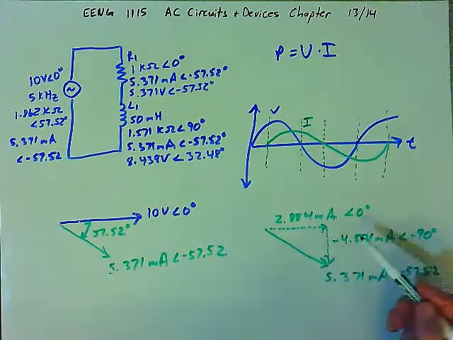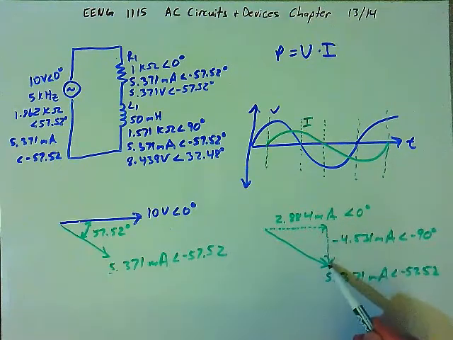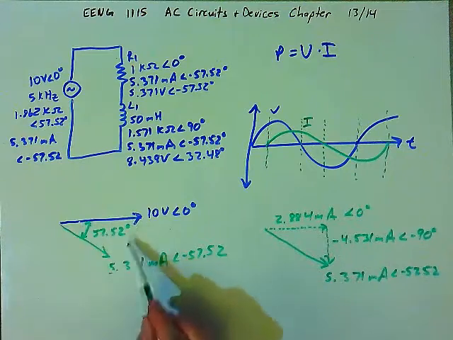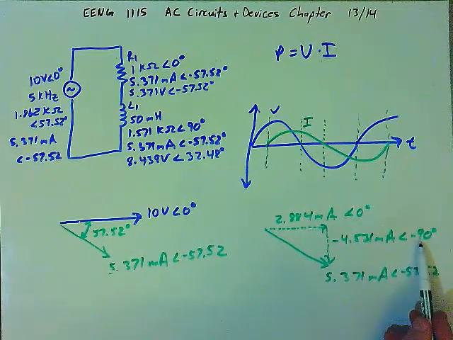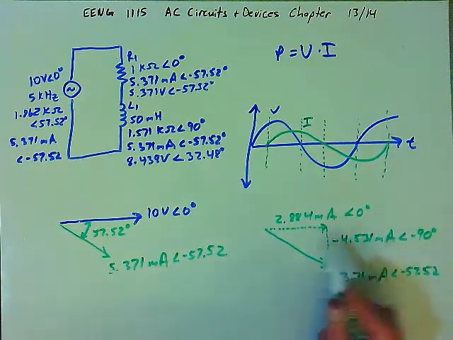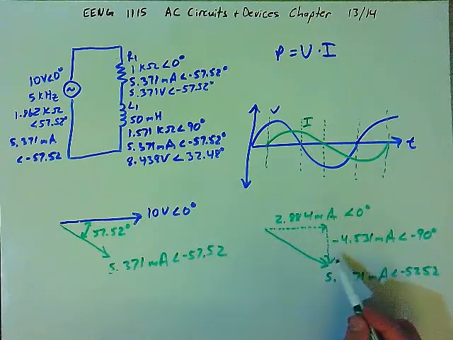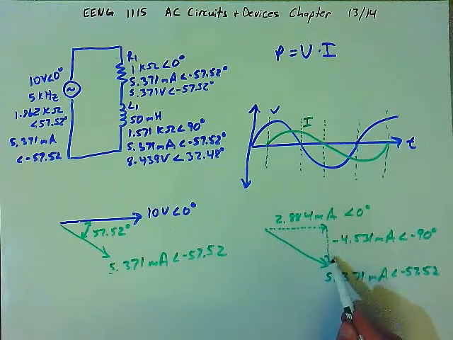And if we were to multiply the y component of this vector times the voltage vector, and they're 90 degrees out of phase, we'll get what we call volt-amps reactive, or VAR, or VARs. And that represents the imaginary component of the power.